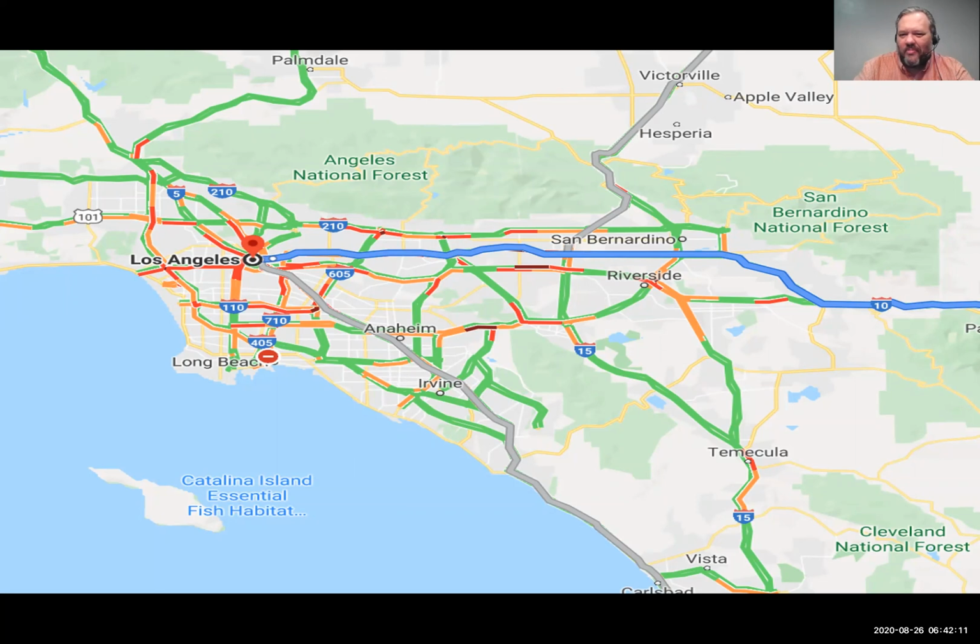All right, so I typed in that I wanted to go to Los Angeles, and you can see, if you've seen this map on Google, this is obviously Google Maps. This is real-time data. Just so you know, Google does track your phone, and so they're able to see where traffic is moving slowly and where traffic is flowing freely, by tracking people's phones.